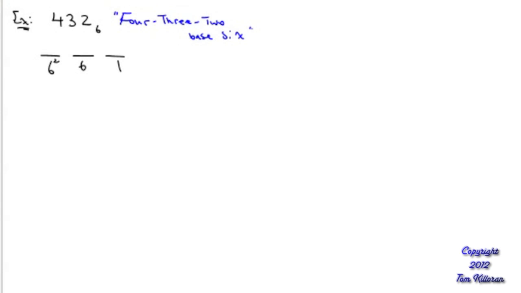What are the digits in these place values? 4, 3, 2. I know because they're staring me in the face. This is 4, this is 3, this is 2. I don't need to do division here. I need to do multiplication. This is the biggest mistake people make. They're not sure which one they're going to be doing. So the first one is 4 times 6 squared, or 36, plus 3 times 6, plus 2.